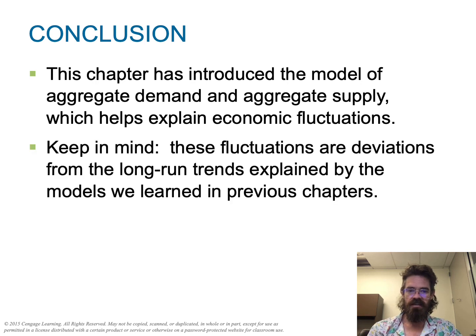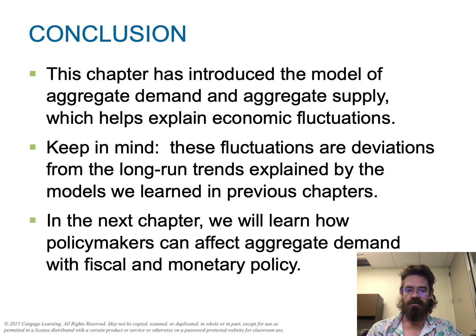Keep in mind that these fluctuations are when we deviate from the long run equilibrium or the long run trends that we've learned about in previous chapters. This is a great setup. We have to go through this chapter before we can talk about fiscal and monetary policy, which we're going to learn in the next chapter.